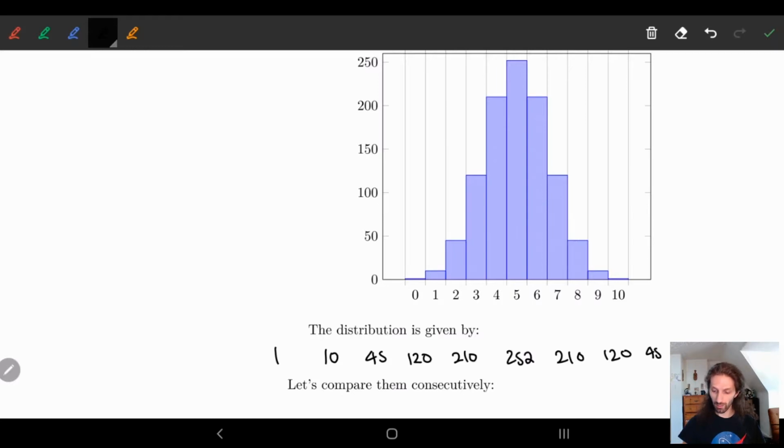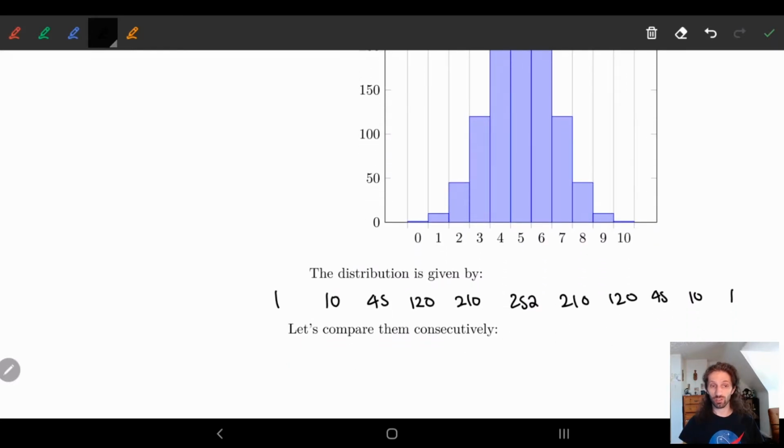This really comes from the choice function. Each of these is a choice function. This is 10 choose 5. You can calculate this as 10 factorial over 5 factorial times 5 factorial, and you'll get 252. And so we have this nice distribution.